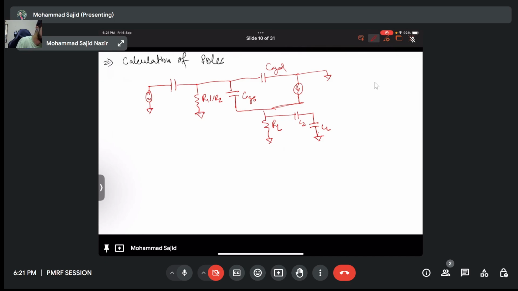So this capacitance will have some of its part as the input and some of the other part as the output, right?